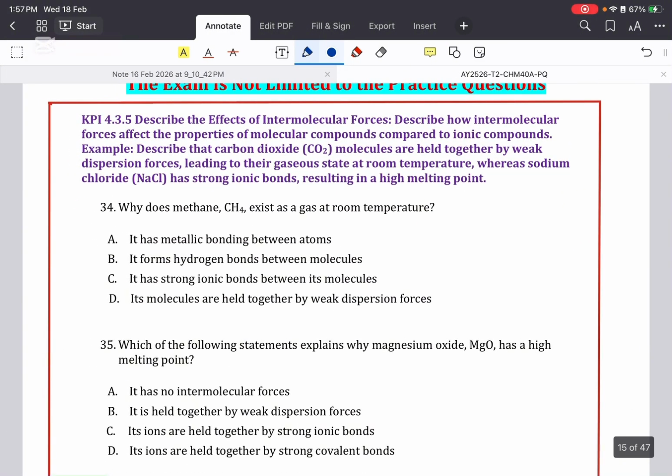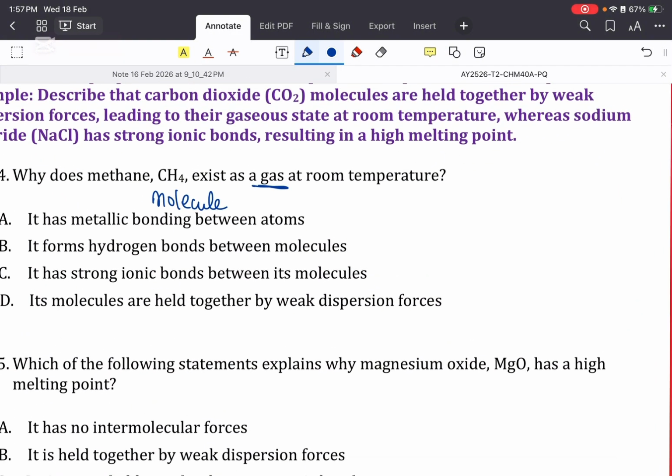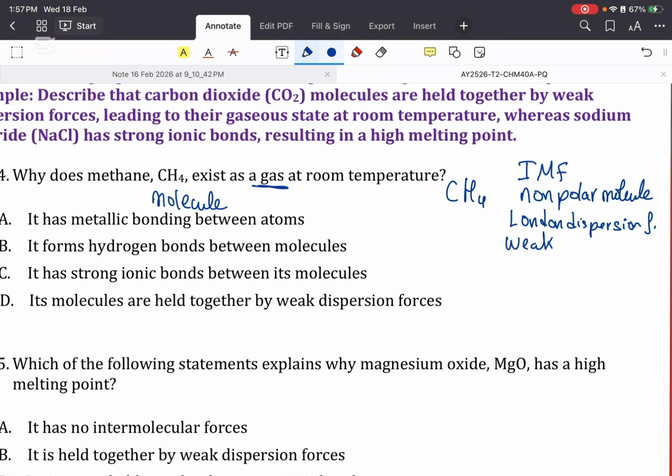Why does methane, which is a molecule, exist as a gas at room temperature? In these kinds of questions, you need to list in your mind the intermolecular forces available. CH4 is a non-polar molecule. Therefore, the intermolecular forces involved here are London dispersion forces, which are weak intermolecular forces.